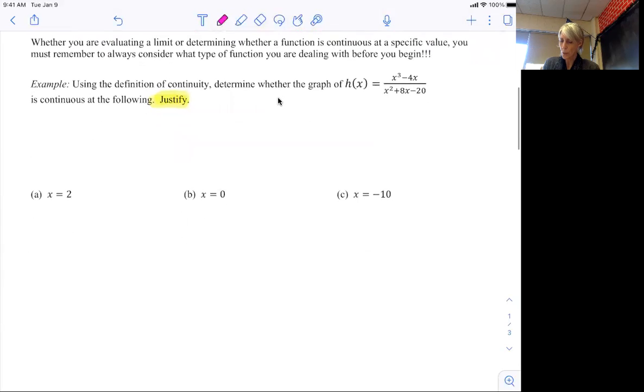So when we go to evaluate at x equals 2, I'm just going to start by plugging in 2. 2 cubed minus 4 times 2, over 2 squared plus 16 minus 20. So 8 minus 8, I'm going to get 0. 4 plus 16 is 20, 20 minus 20 is 0. 0 over 0, undefined.